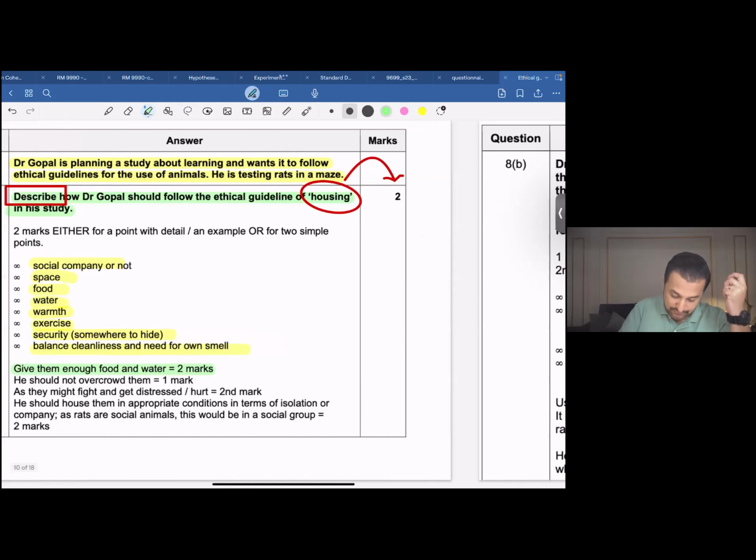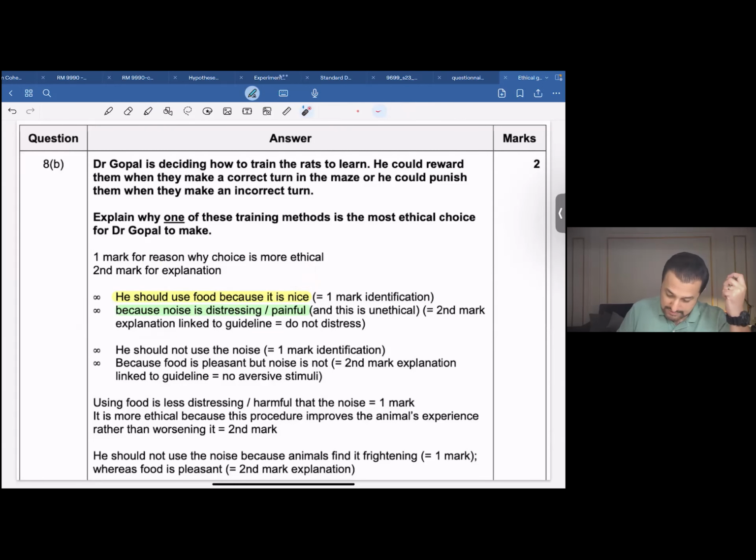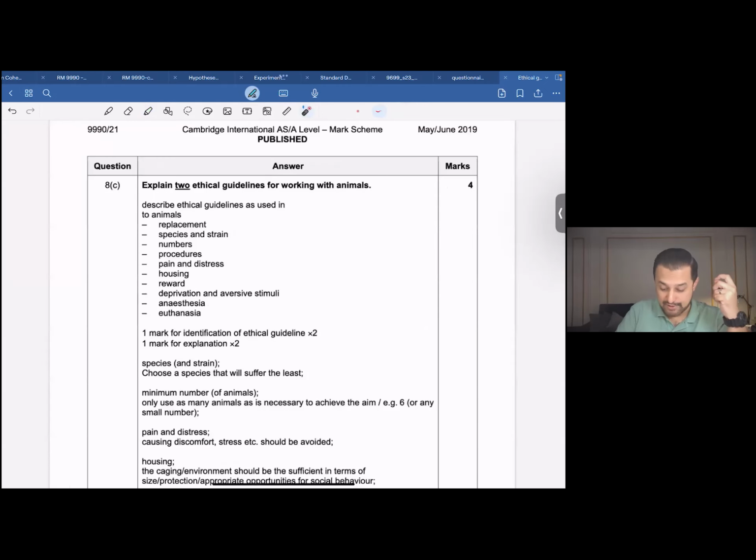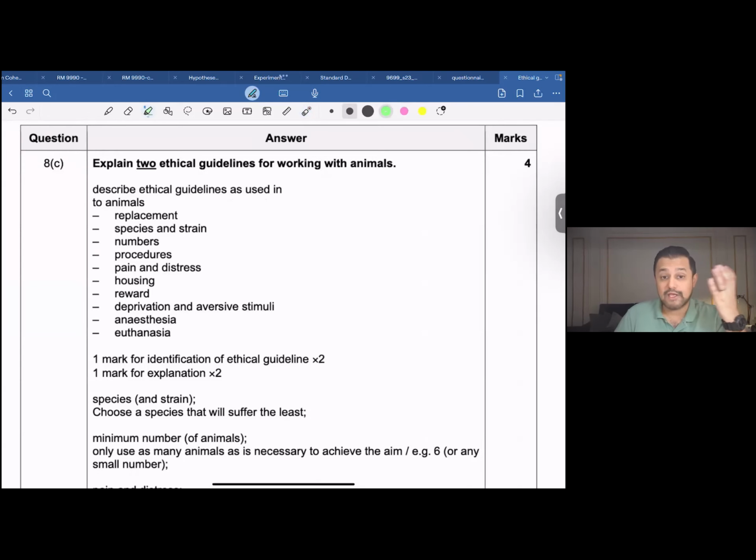Taking this a step further real quick, there's actually a 6-mark question that I want to get to while spending the least amount of time that I can. Now, again, a question that says, explain 2 ethical guidelines for working with animals. This is a basic question. Out of the list that we just went through, use any points. So replacement, we've studied species and strain, numbers, minimum numbers of animals should be used.